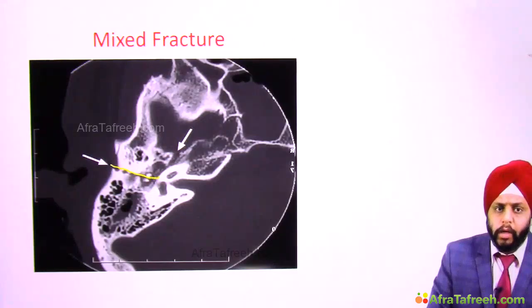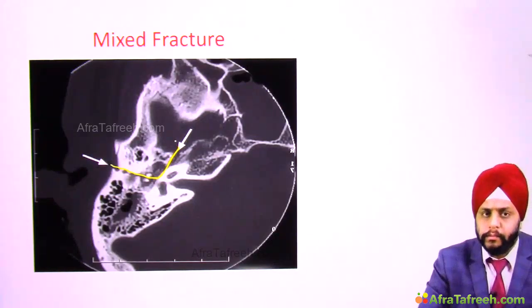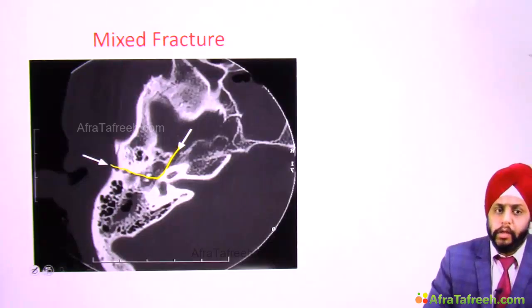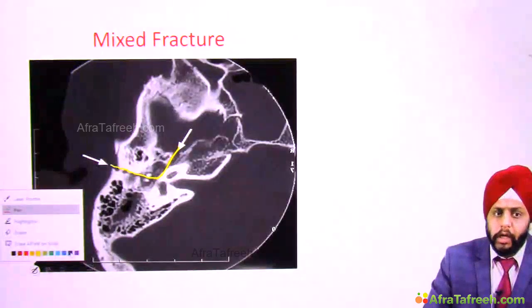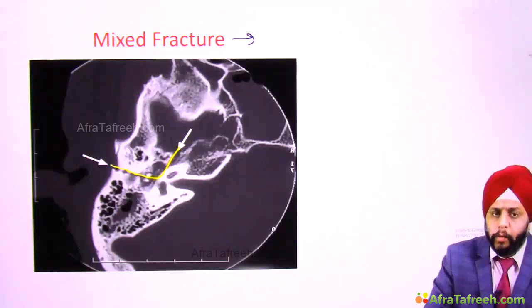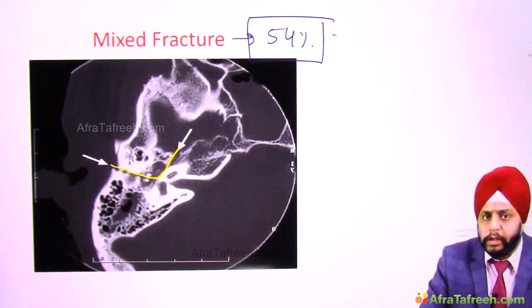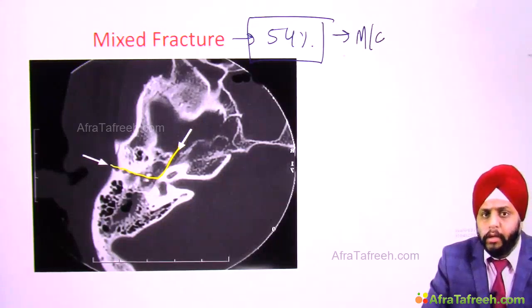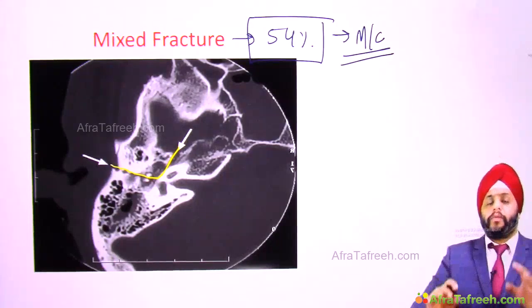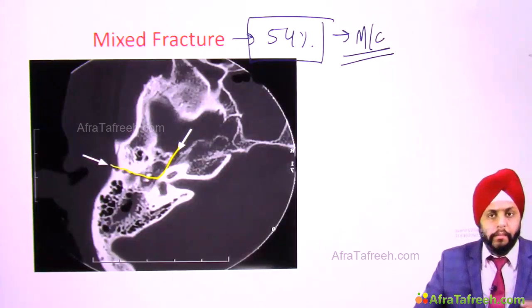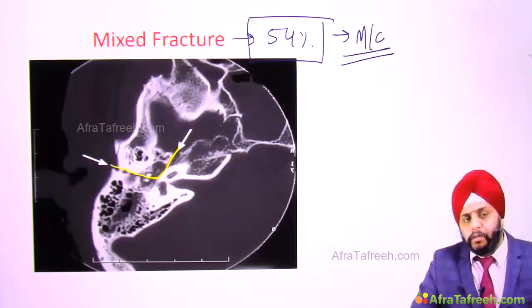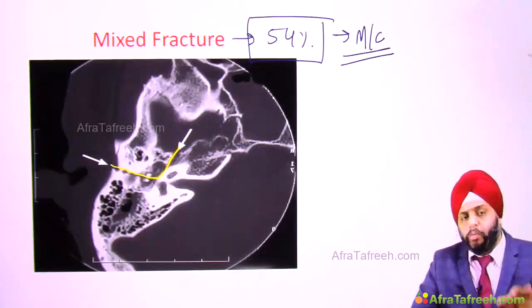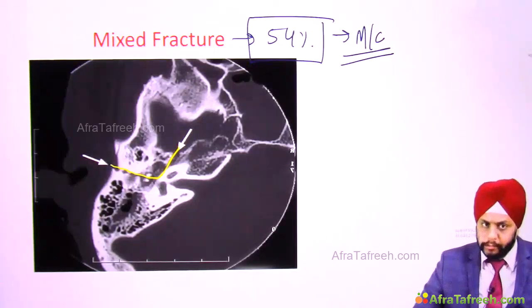You have longitudinal and transverse. Now, approximately 54% of the fractures are mixed fractures. So therefore, this is the most common type of temporal bone fractures. Okay, mixed or combined. 54% of fractures have both longitudinal and transverse components.